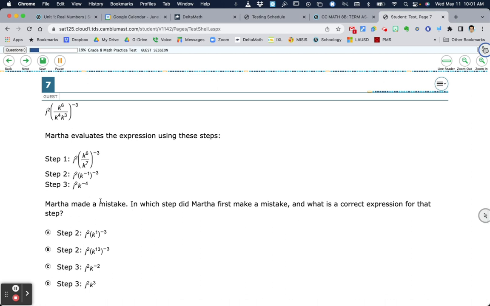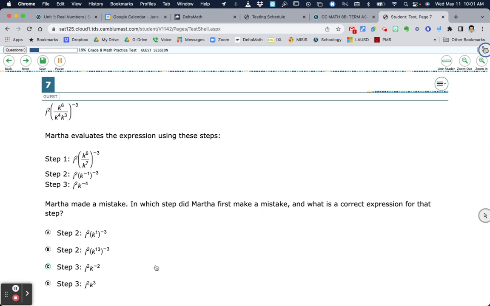It says Martha made a mistake. In which step did Martha first make a mistake? And what is the correct expression for that step? Okay. So we want to figure out in which step, 2 or 3, did the mistake happen. And so it looks like step 1 was fine, and it is fine.